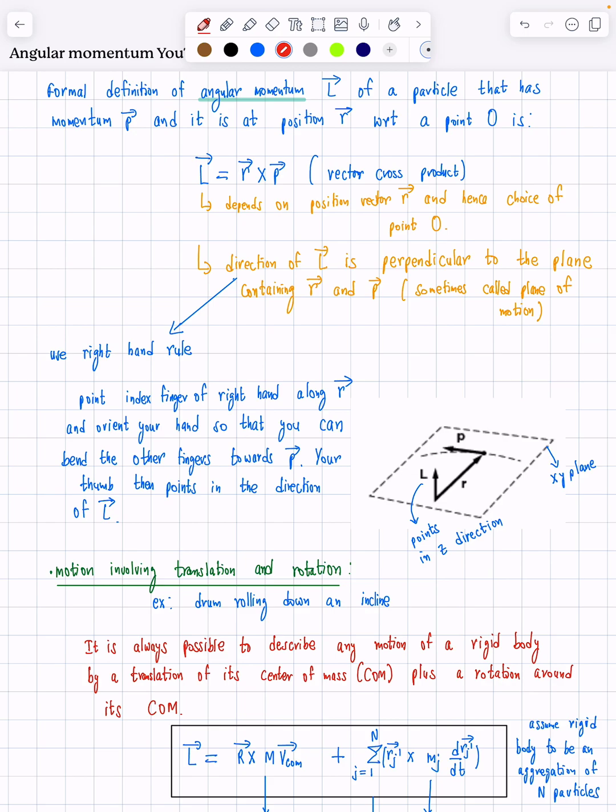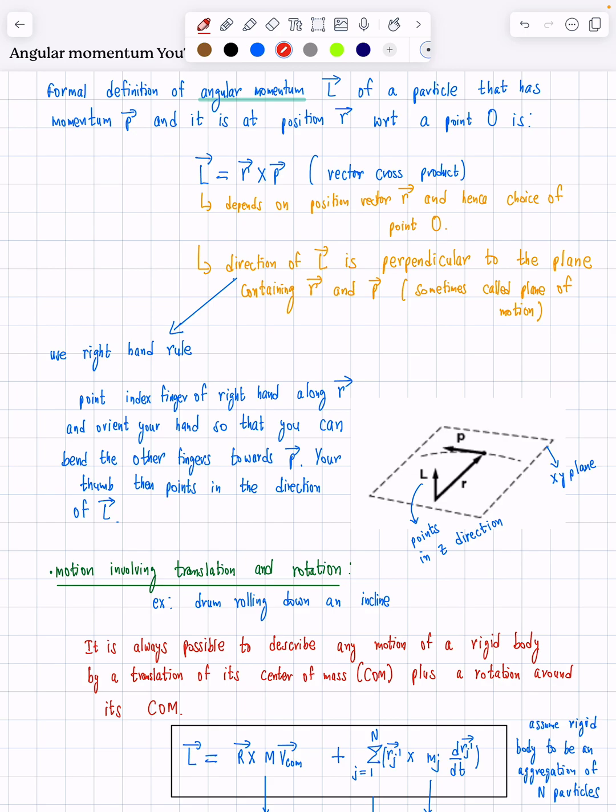P is the momentum vector, which is mass times velocity vector. So L depends on the position vector R, and hence the choice of the point O.